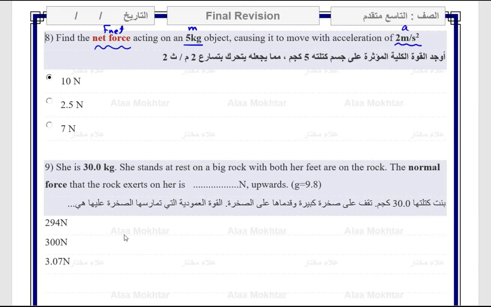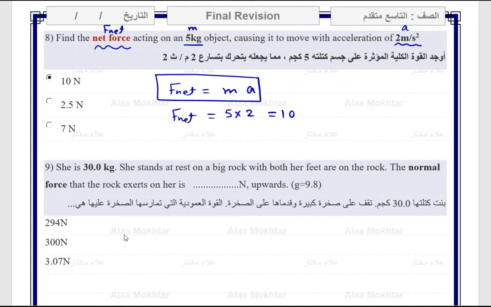Newton's second law: F net equals mass multiplied by acceleration. This is Newton's second law. F net equals mass times acceleration. So F net equals 5 times 2, it will be 10 Newton.